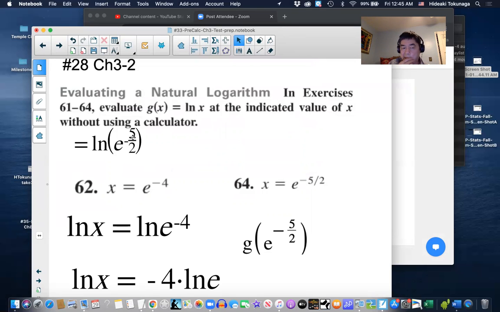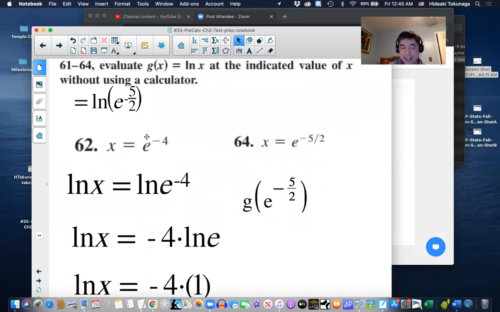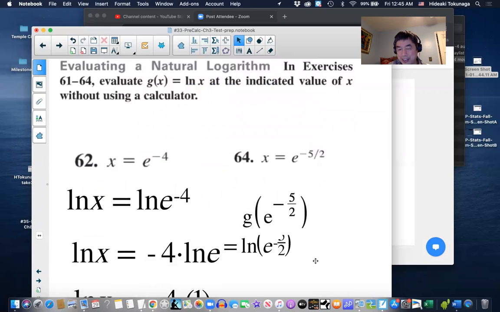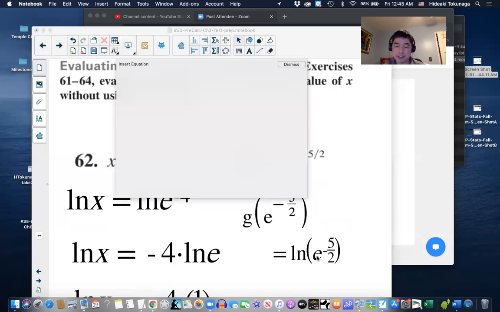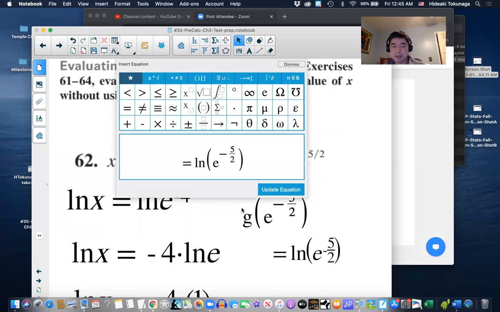All right, so what we can do, it's kind of ugly too. Doesn't look pretty. Let me create the picture again. So if you plug in this, okay, this is pretty. This means this.